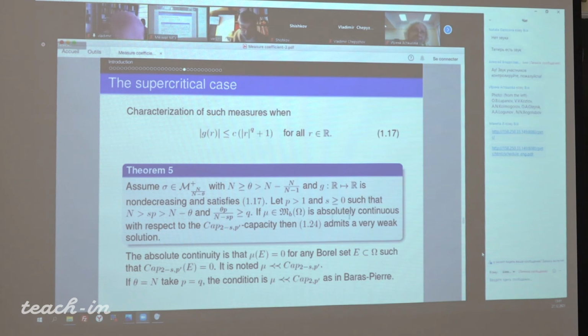Then if mu is absolutely continuous with respect to this capacity, you have a weak solution.